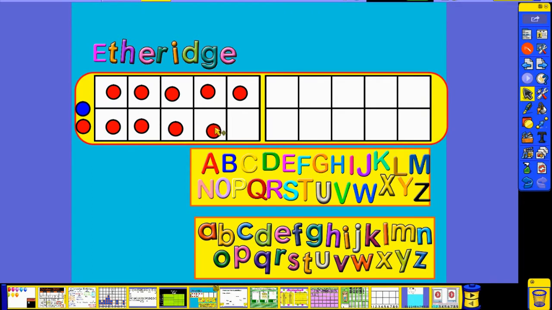How many more letters would I need to get to 10? So 9 and 1 more to get to 10, right? Okay, let's look at Miss Landrum's last name. Landrum.